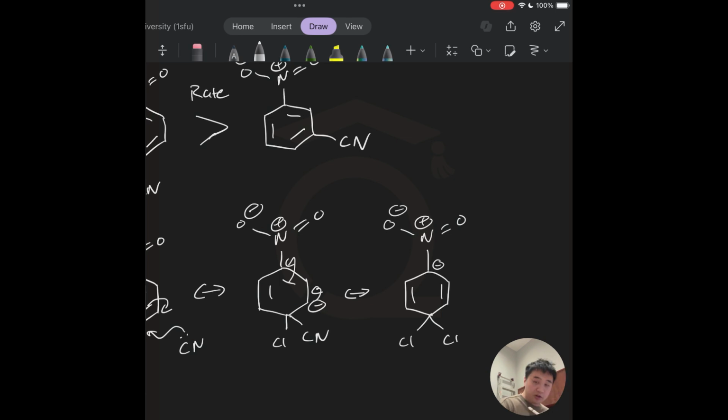You have this resonance structure where you can resonate up into the nitro group.